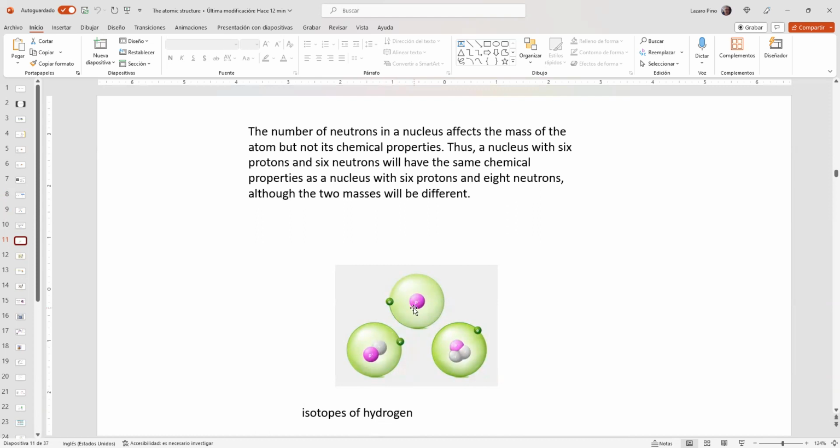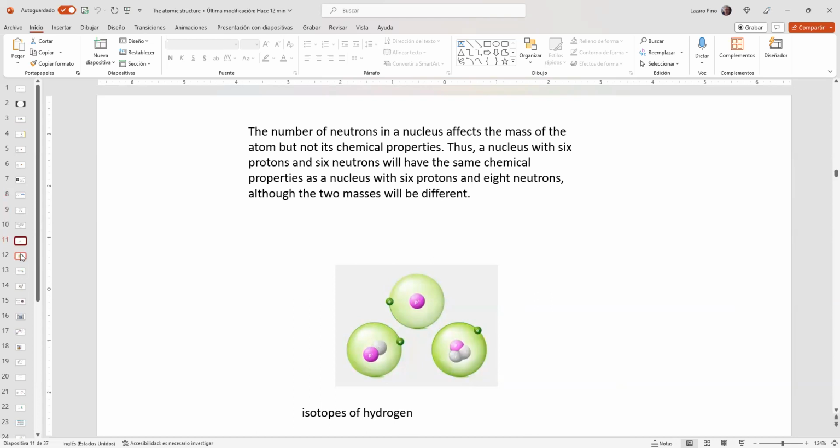Then the number of protons is what makes it possible to identify a specific element, but not the number of neutrons. Then these three atoms of hydrogen are hydrogen, of course, but they are different because they have different numbers of neutrons.